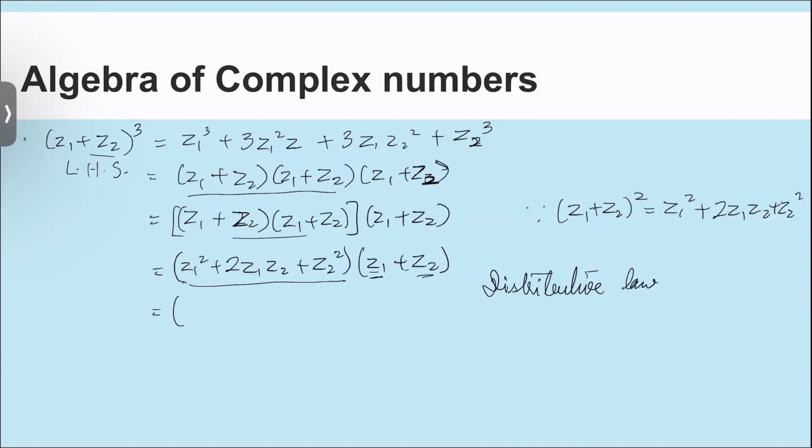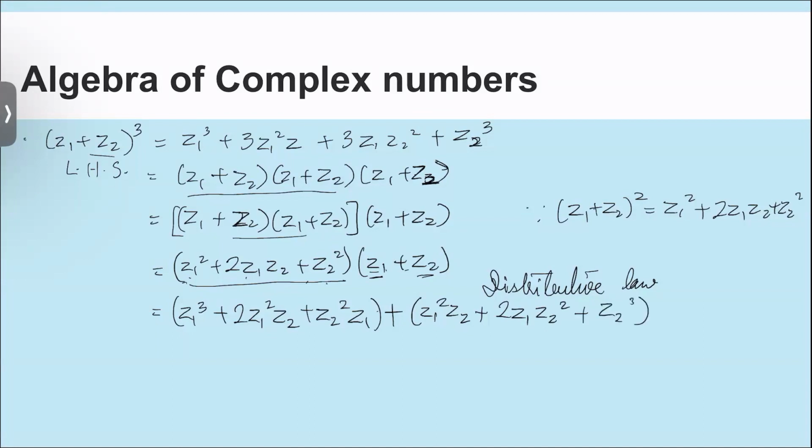So this will be z1 times z1 squared, so z1 cube, plus twice z1 squared z2, plus z2 squared z1. Now multiplying with the second term, we get z1 squared z2 plus 2 z1 z2 squared plus z2 cube.